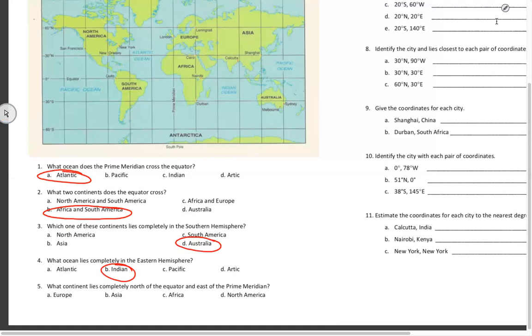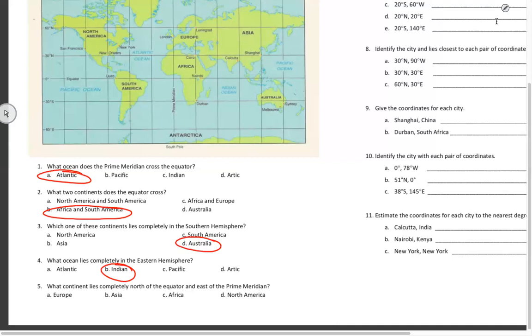What continent lies completely north of the equator and east of the prime meridian? Ready, Annie? It says completely north, so we're looking at something up here, right? And then it says east, so it's over here. So what continent is completely north of the equator and east of the prime meridian?